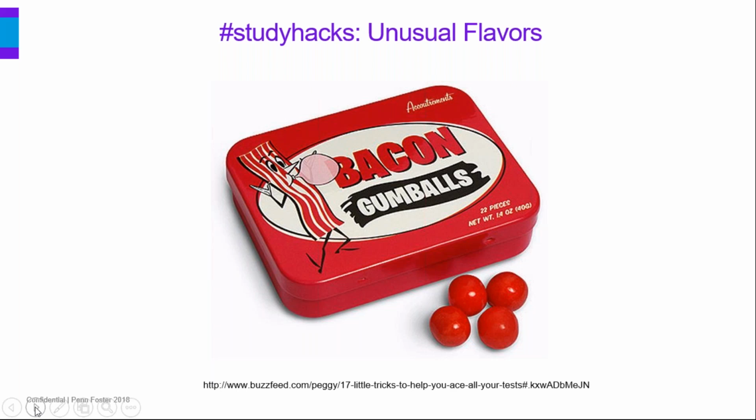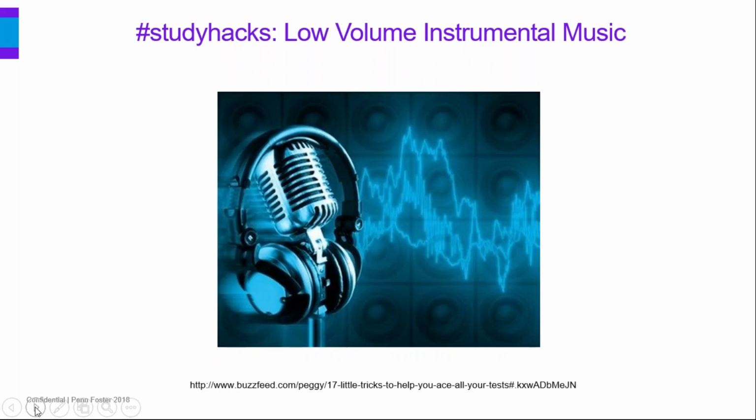It could be a sour ball or a lemon head, something that's really going to stimulate your taste buds and help you remember that information. Bacon flavored gum balls. I saw bacon flavored or bacon scented lip gloss or chapstick the other day at the store. I don't know.